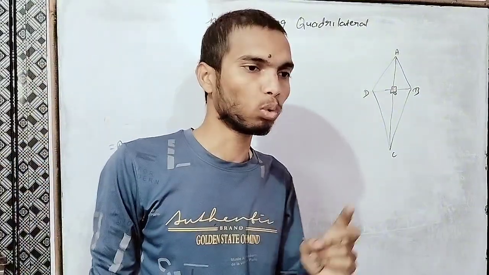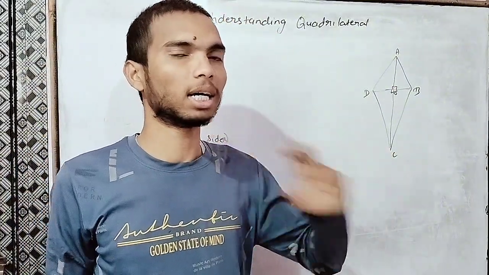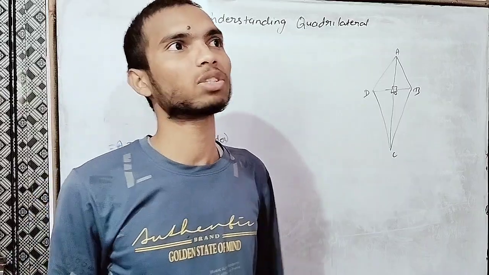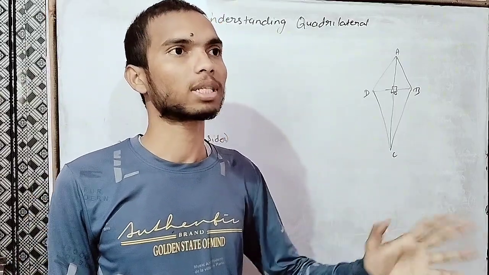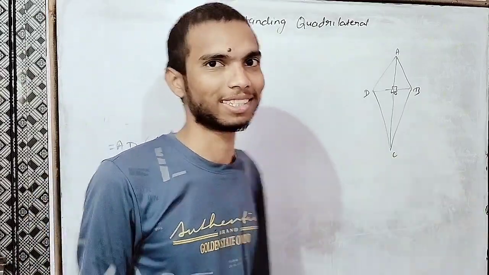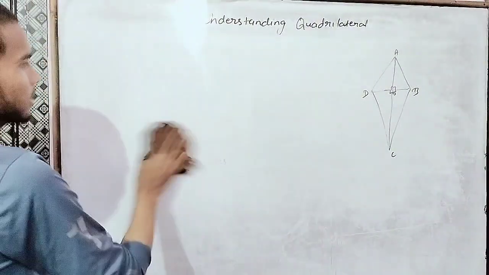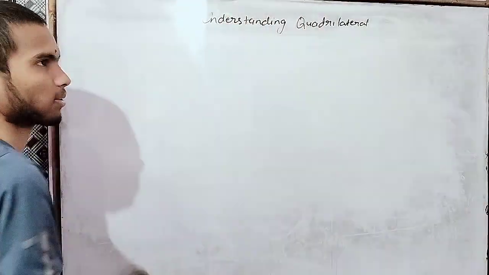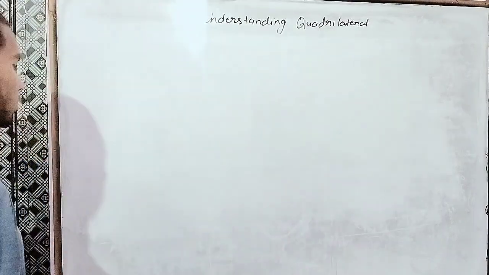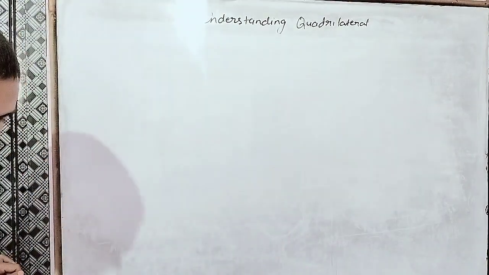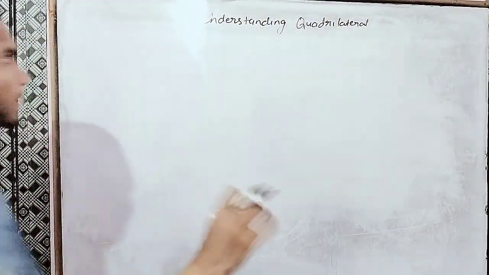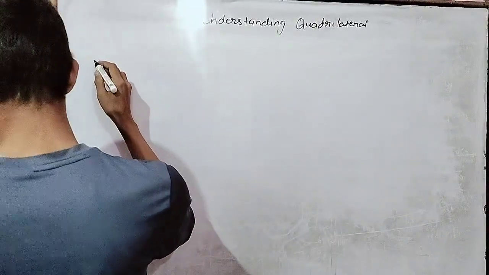Isosceles means the measure of two line segments are equal to each other, and equilateral means all sides are equal to each other. And the other means all sides are not equal to each other. So the question I am going to write, you read and understand this question.